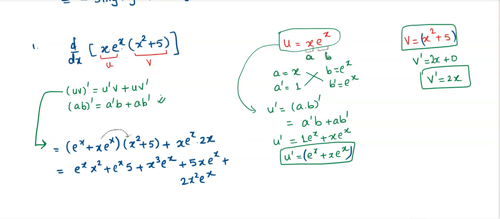So you can combine the first term and the last term, which gives you 3 x squared e power x, plus 5 e power x, plus x cube e power x, plus 5x e power x. Okay, so this is how you answer.